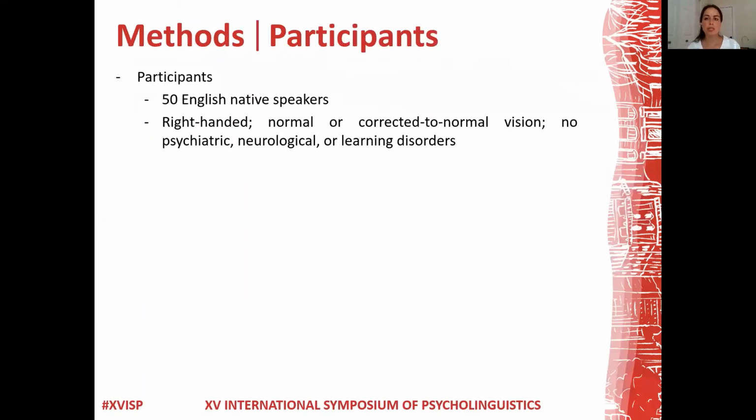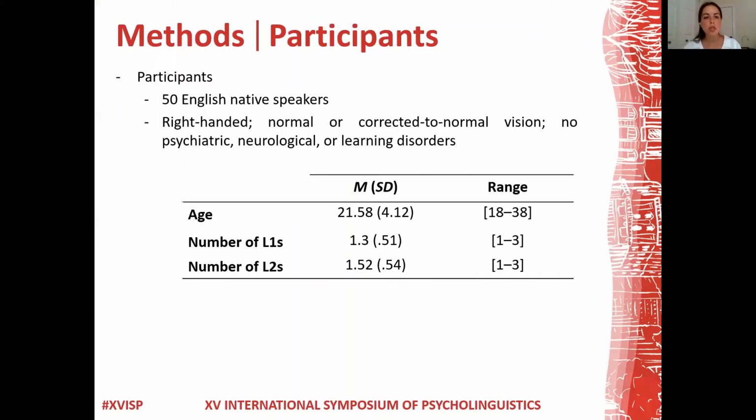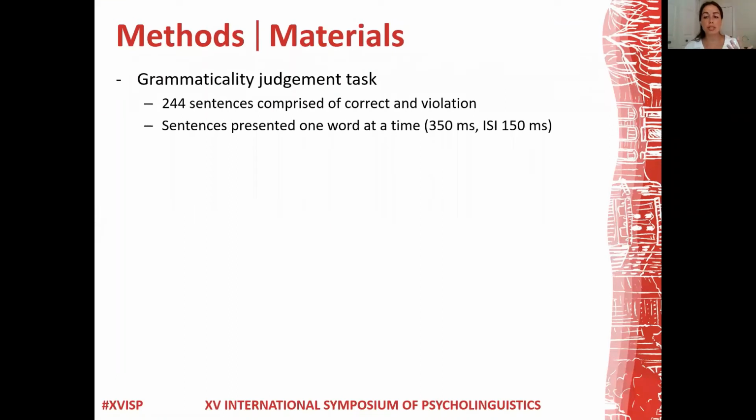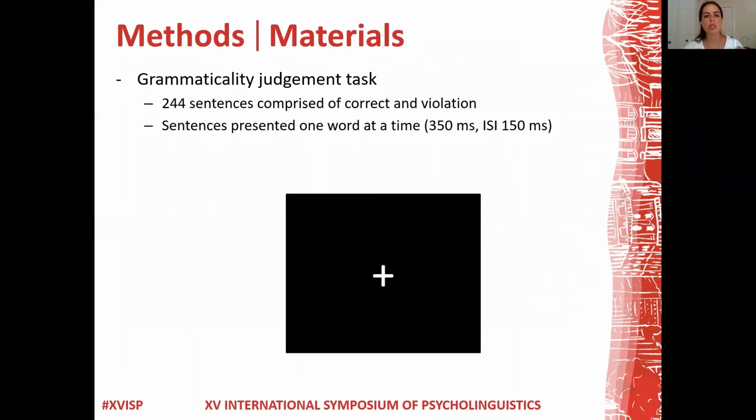So in order to address these questions, we collected data from 15 native speakers of English who were around 21 years of age. Some of them were bilinguals or were learning a second language. In order to assess processing, we recorded EEG as participants completed a grammaticality judgment task in which they read 244 sentences, one word at a time, as in this example that I'm showing here.